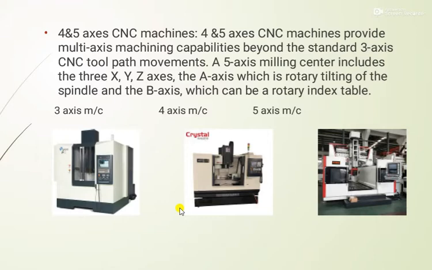The 5-axis milling machine has a B axis, which rotates around the Y axis in the XYZ plane.